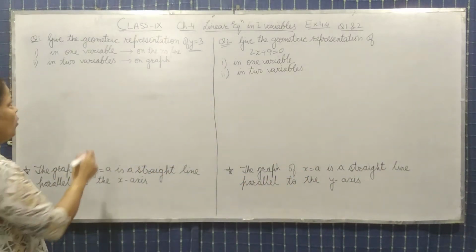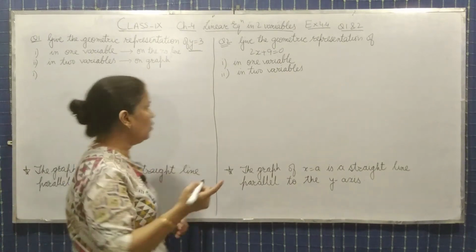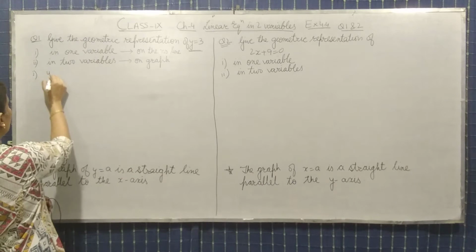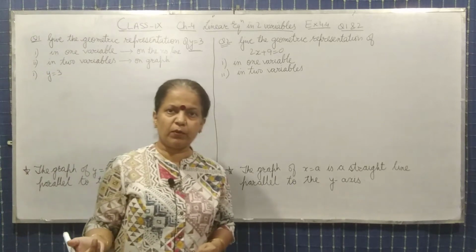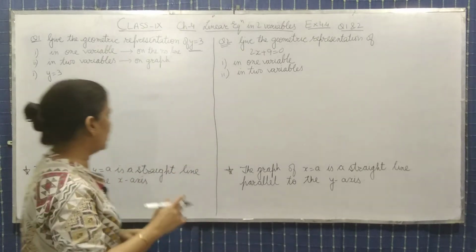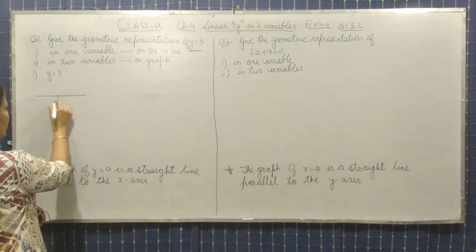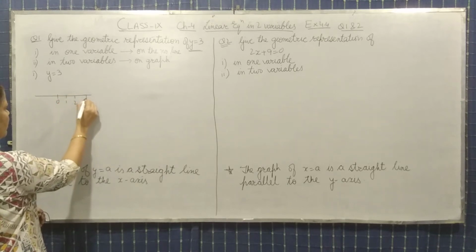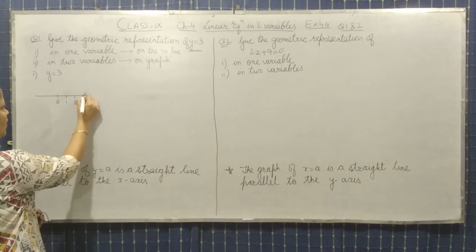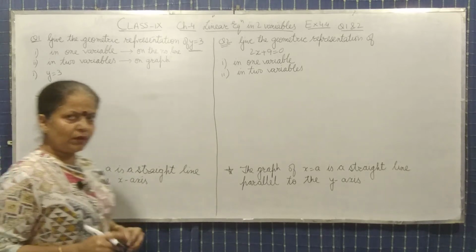First part, y equal 3 in one variable. As I have told you, you have to represent it in one variable on the number line. So what will you do? You will make the number line 1, 2 and 3. So this will be y equal 3. Clear?